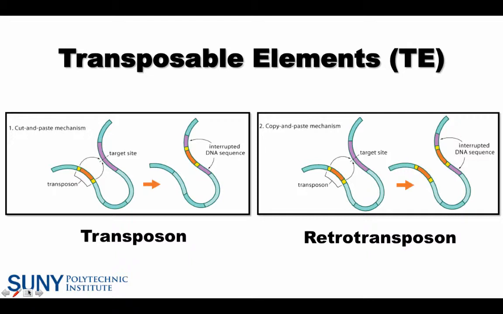Over to the right, you see a retrotransposon, where that repetitive interspersed sequence is transcribed, and then that mRNA transcript is reverse transcribed back into a repetitive interspersed sequence of DNA, which is then planted somewhere else in the genome, much like the transposon was.